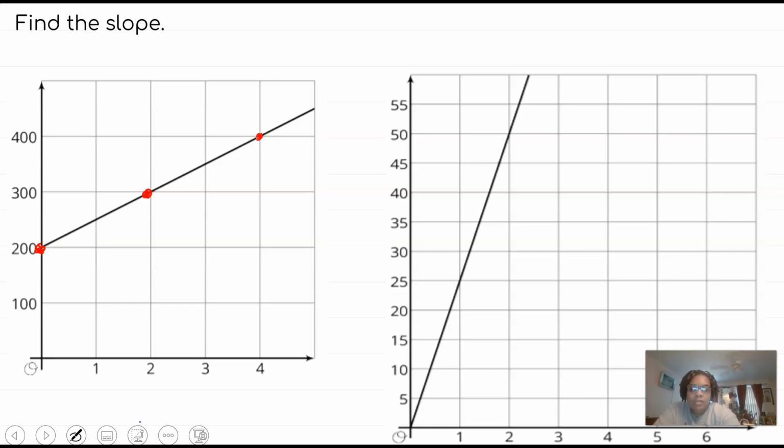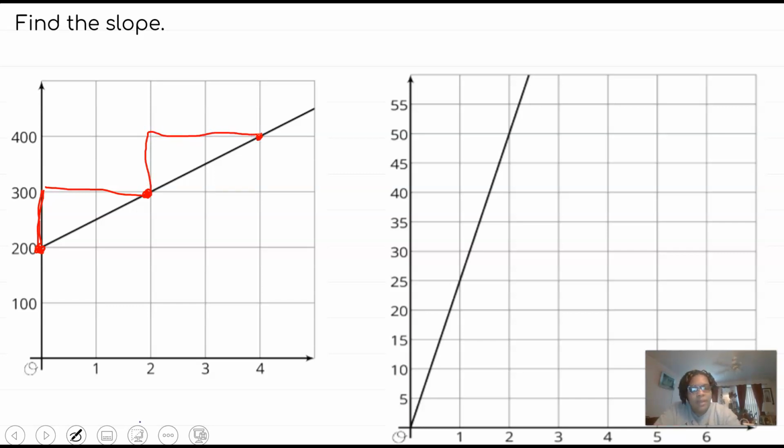So how many did you rise? You rose 1, but the scale goes from 200 to 300, which means you actually rose 100. And then how many did you run? I ran 1, 2. Just to make sure that works, I rose 100 and I ran 2.